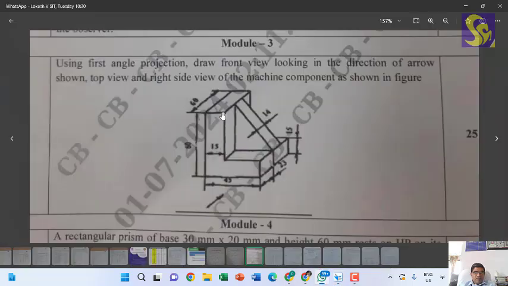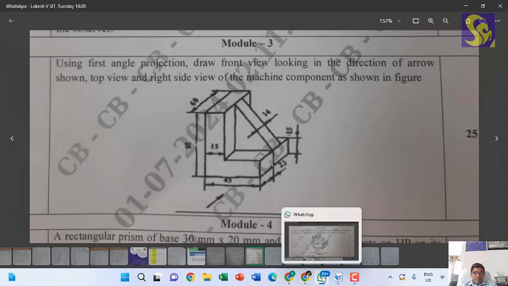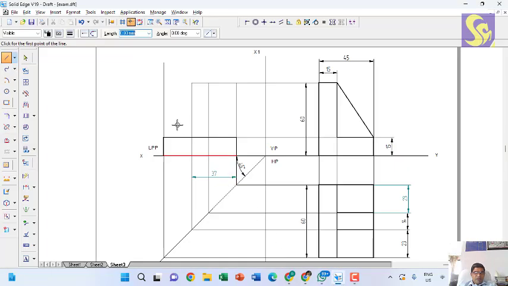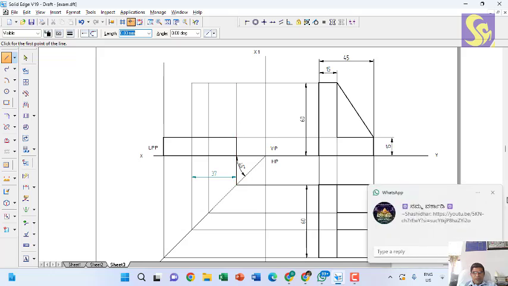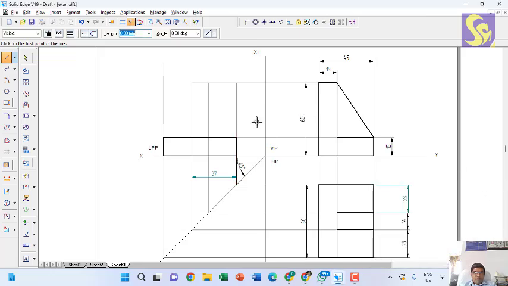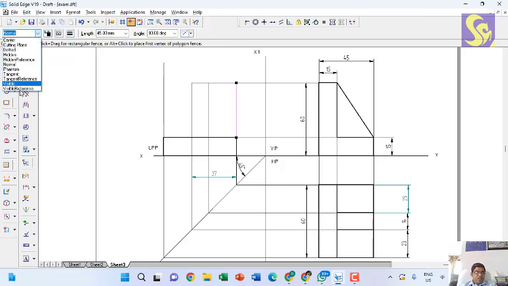Next, what I can see is a frame, the outside frame. So the outside frame shall be visualized. The outside frame shall be visible.